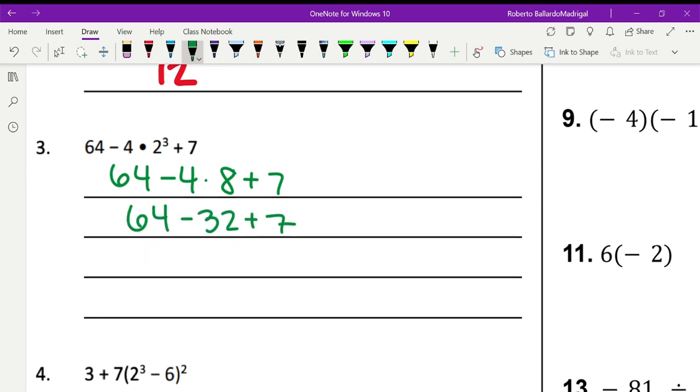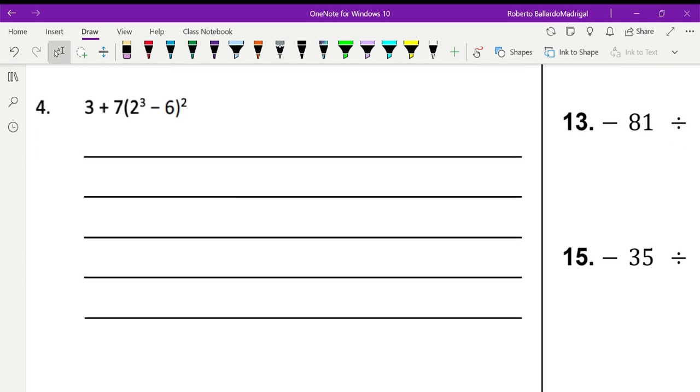And then what? Jacob's group. Do we subtract 32 first, or do we combine 32 and 7? Oh, very good. 32 plus 7 gives you a final solution of 39. All right. Thumbs up if you got 39. Okay.